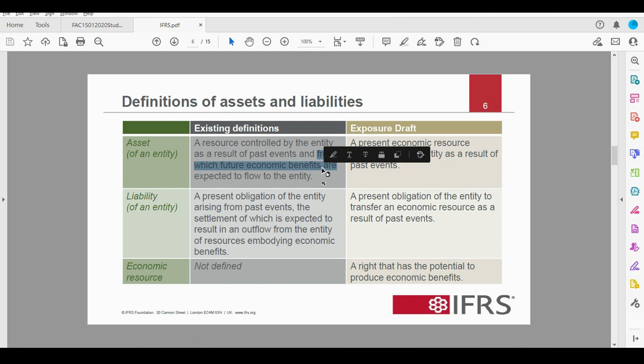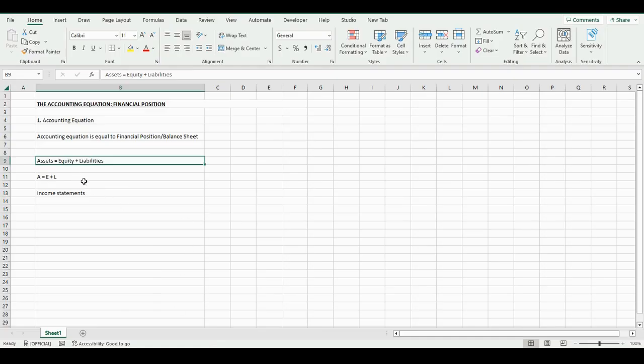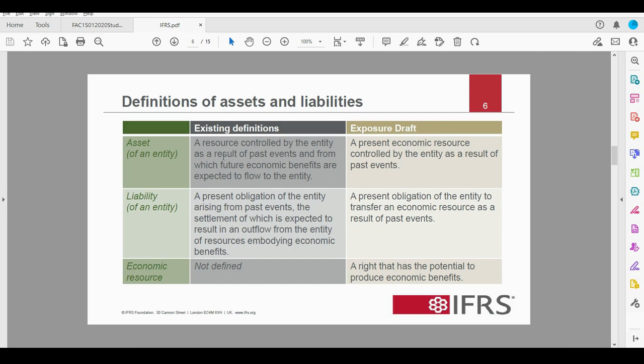So these are the conditions that you need to meet before you can classify it as an asset. As we are going to be doing the accounting equation, we're going to be looking at different transactions, and then we need to check where each transaction falls, right?